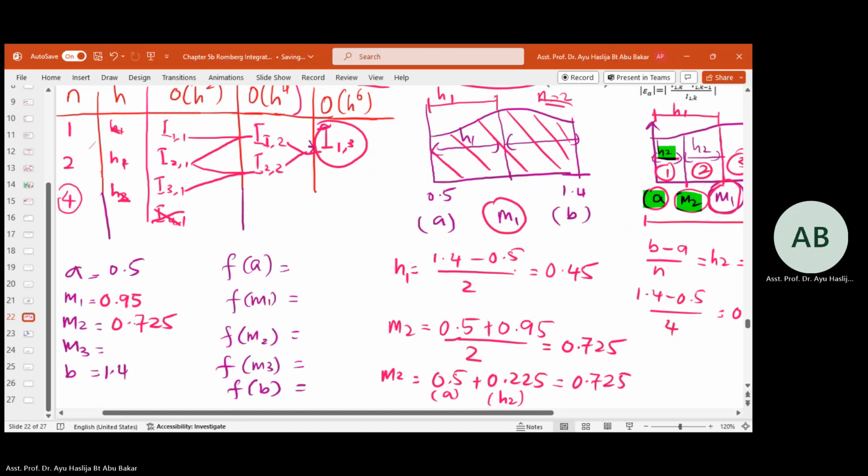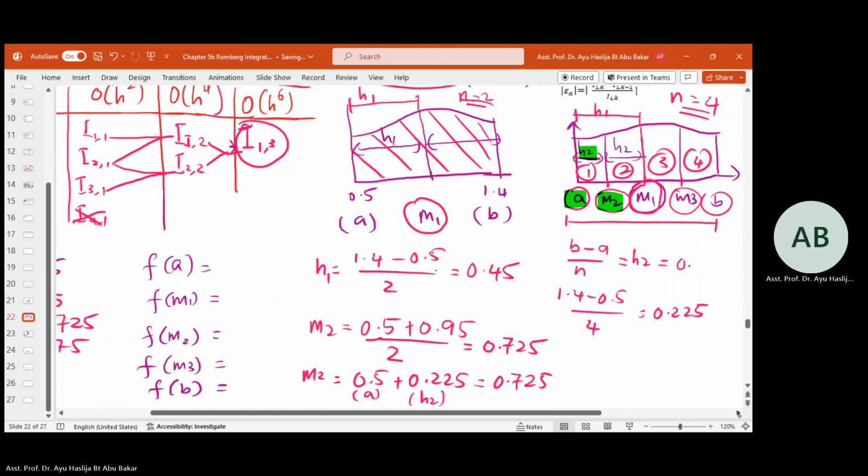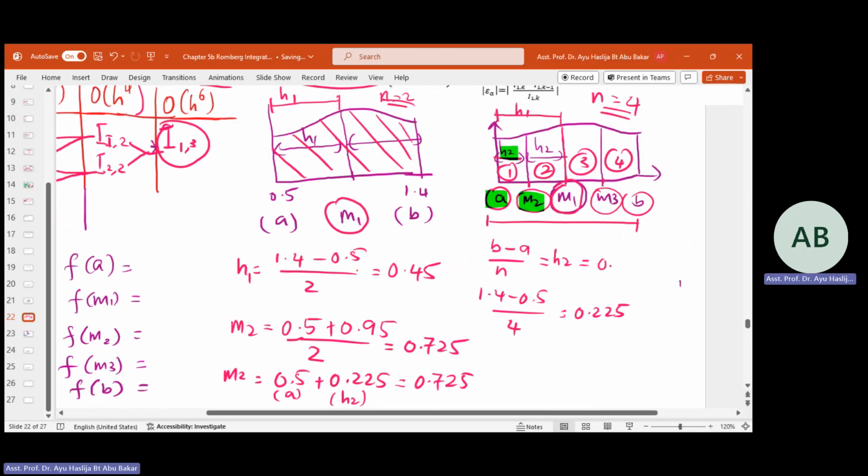M3? 1.175. How you get? M1 divided by 2. You find the midpoint. Okay, correct also. M1 plus B divided by 2. Correct as well. You'll get M3.